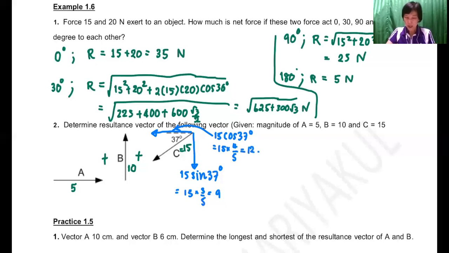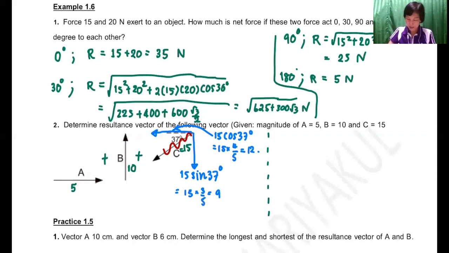Once we determine the components of the vector, we can erase it because this vector is already represented by these two vectors. So now we have four vectors that we have to add together: vector A, vector B, and the two components of vector C. I will redraw it.